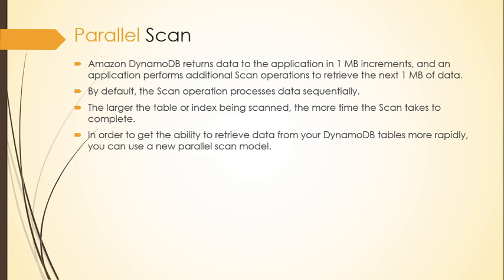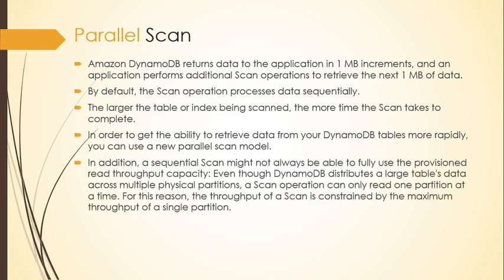It becomes a slow process, and you have to wait longer to retrieve all your data. To overcome this problem, if you want to get your data faster, you can use parallel scan.